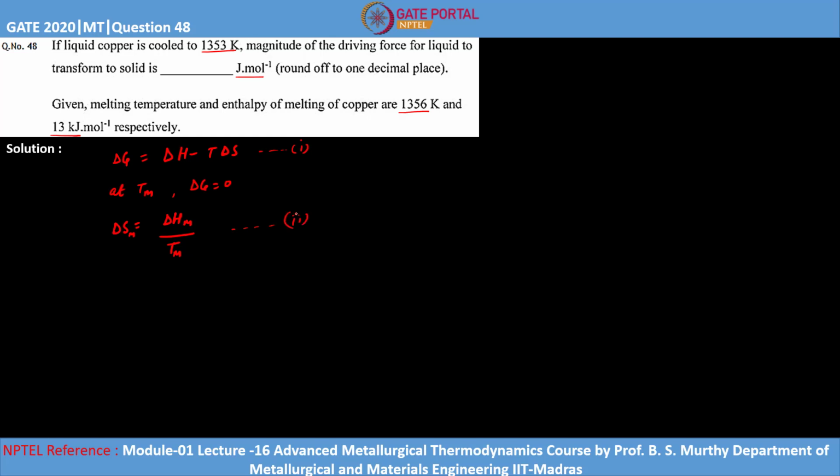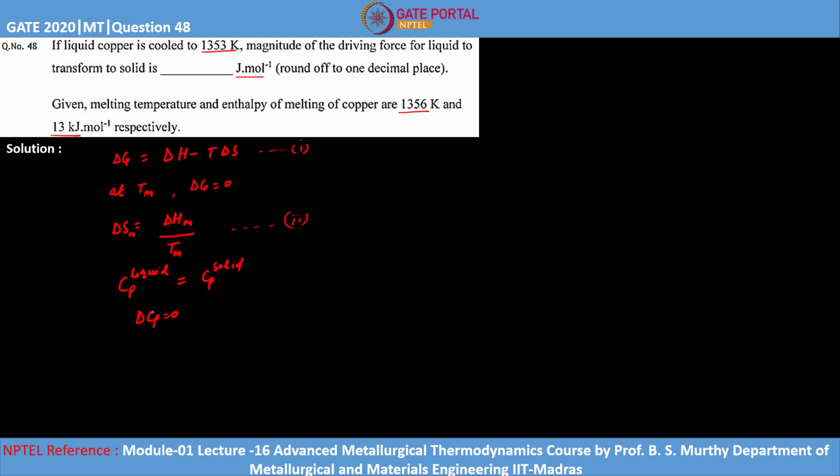So there is a scientist named Turnbull, who made an approximation with the assumption that Cp of liquid is equal to Cp of solid, so that the value of delta Cp equals 0.